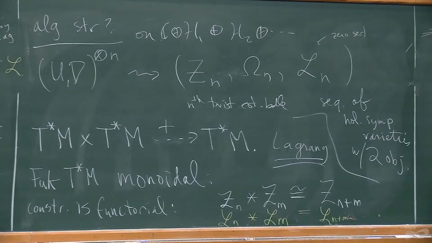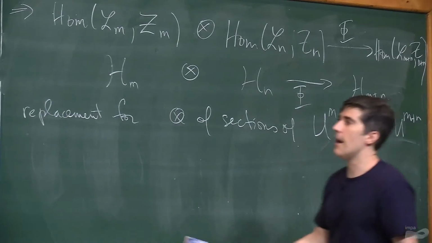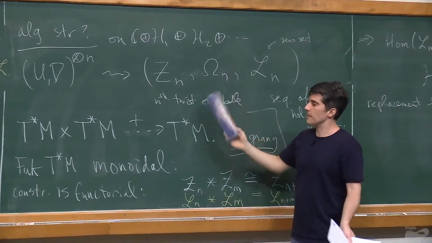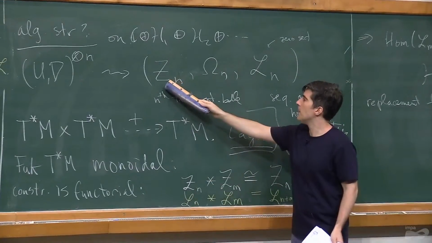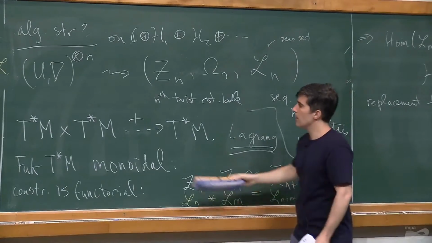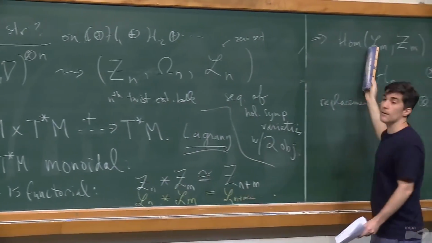So I hope that you can see that it's possible that this whole thing can deform. So that if we deform T star M to a symplectic groupoid, we still will have this idea of a holomorphic, well, I'll explain exactly what I mean, but all of this structure should continue to be present. This will be the product in the symplectic groupoid, and I will still get this algebra.